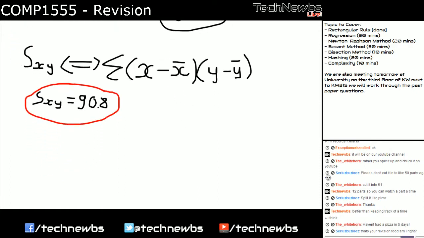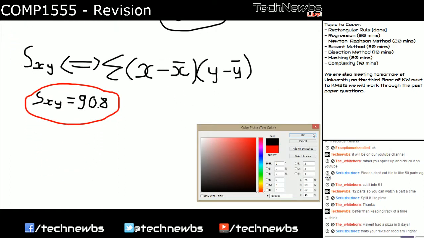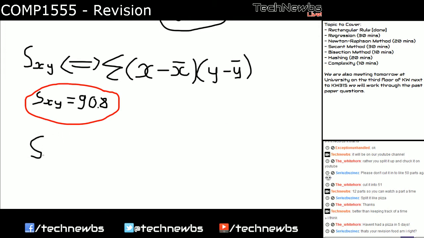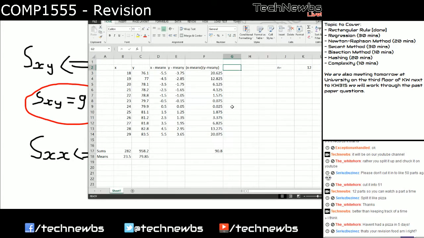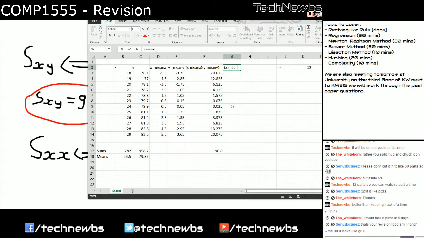Now to find Sxx, it's the same as the sum of x minus mean of x squared. So it will be this value times the same value. You'll see there, x minus mean x squared.